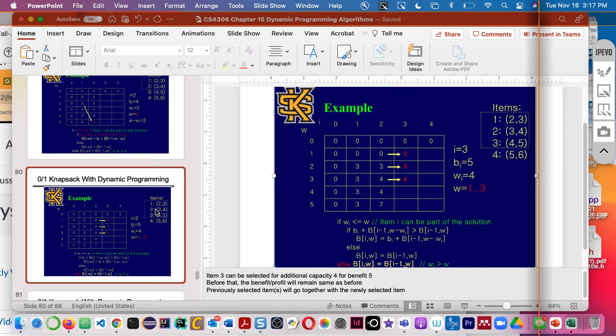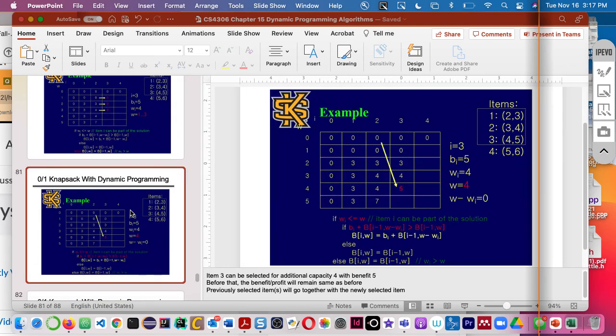Okay, so here, whenever you reach 4, then what will be your benefit? 5, right? So at this point it is 5. So this is reaching from, previously it was 0 over here, and now it is getting 5.